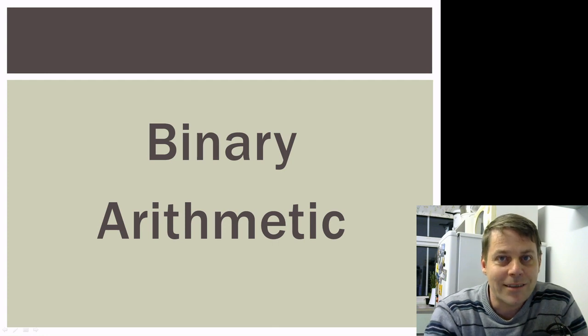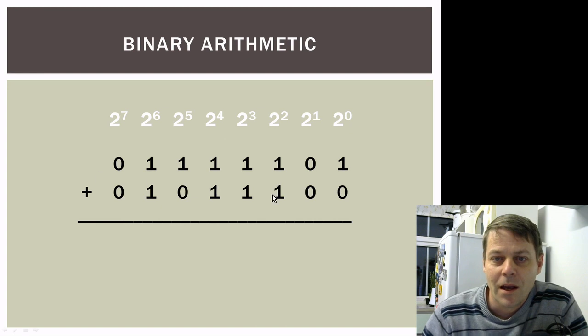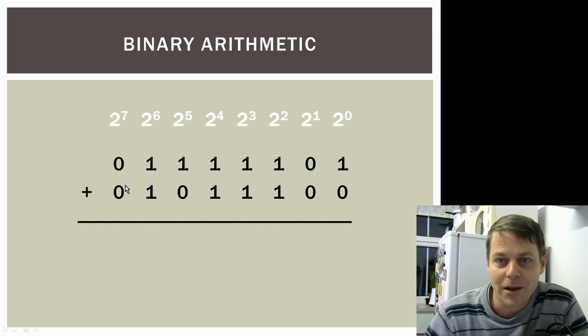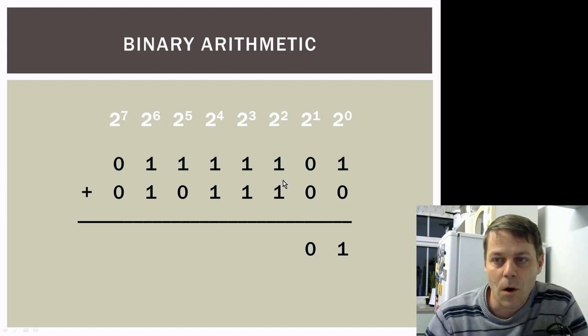So now let's try that same sum in binary. So this time, we'll forget about decimal for now. We're going to add these 2 binary numbers together. So we'll start off in the least significant column. We add 1 and 0. That's 1. 0 and 0 is 0. 1 and 1 is 2, but remember we're in the binary system.